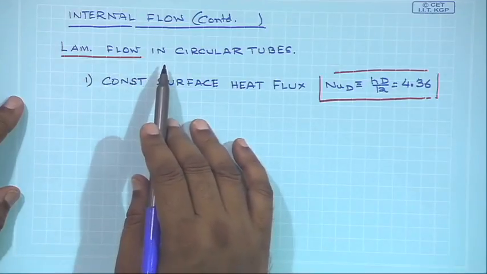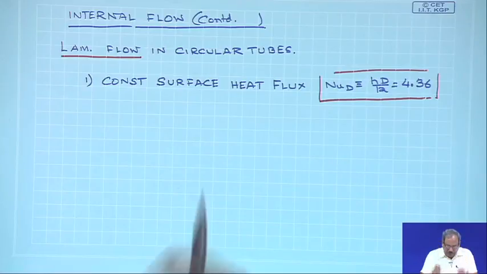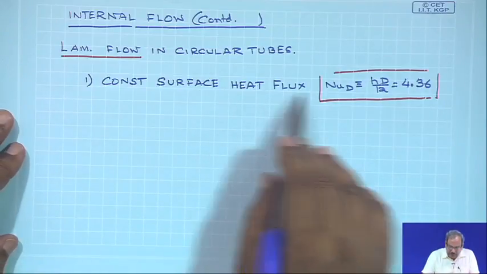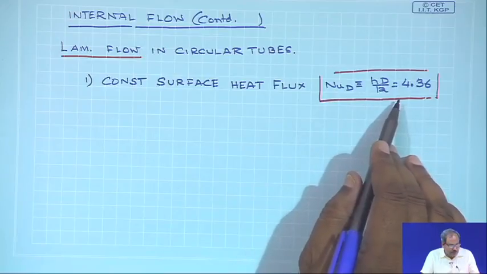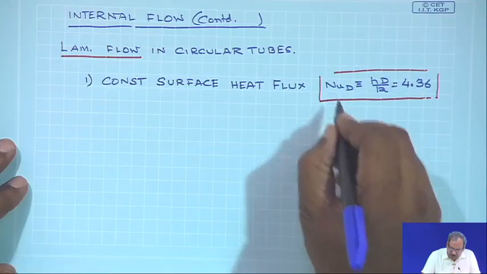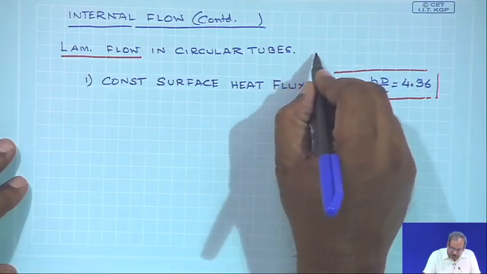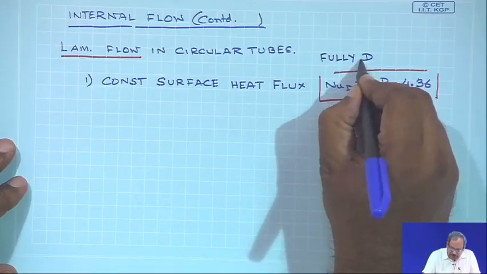on. So, to summarize, what we have done in the previous class is that for the case of laminar flow in circular tubes and for the case of constant surface heat flux, this Nusselt number turned out to be equal to 4.36, and this is also for the case of fully developed flow, thermally fully developed flow.